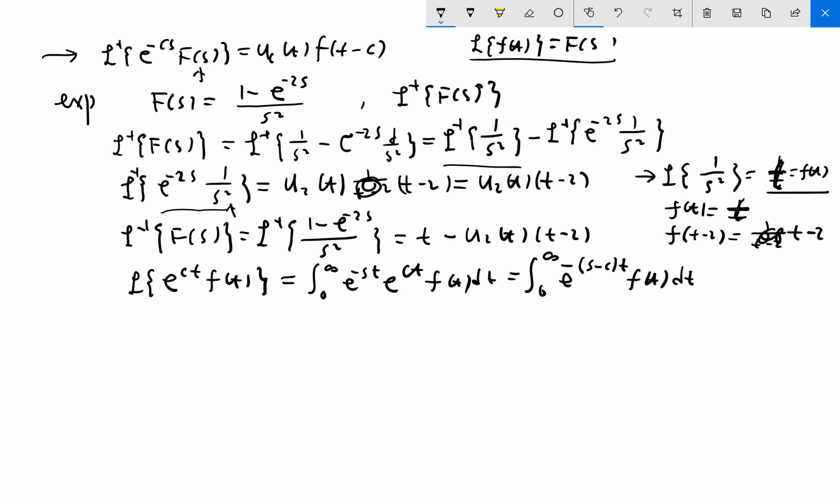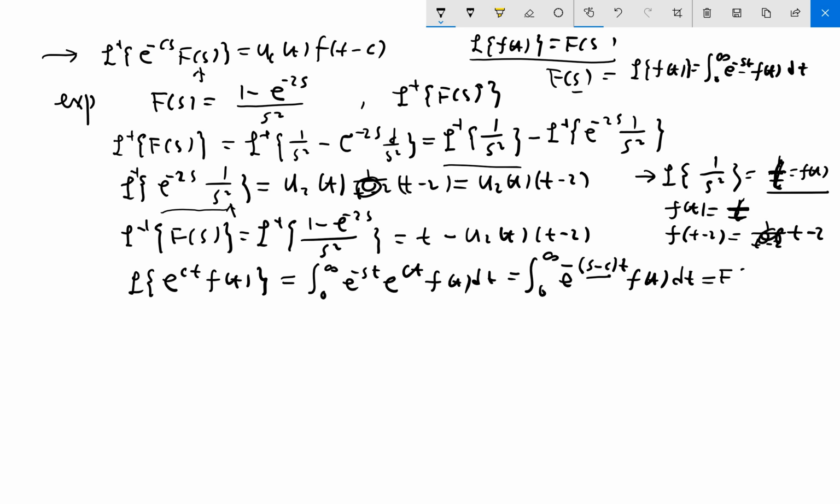Remember, the Laplace transform of this ft is the integral from 0 to infinity of e to the negative st ft dt. We call this capital Fs. Whatever you have there, you have here. So for this case, what we have in the s position is s minus c.